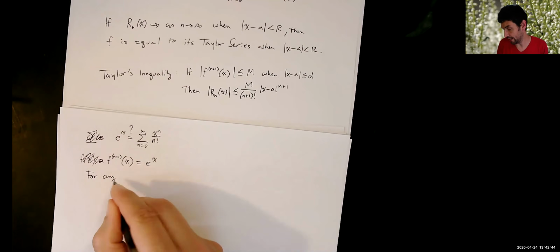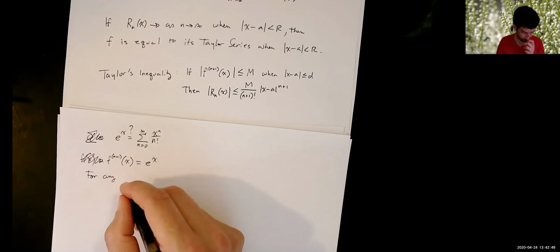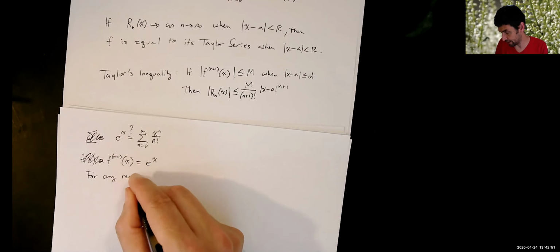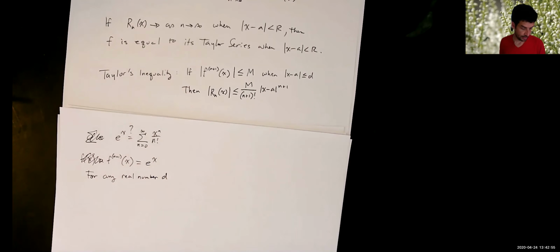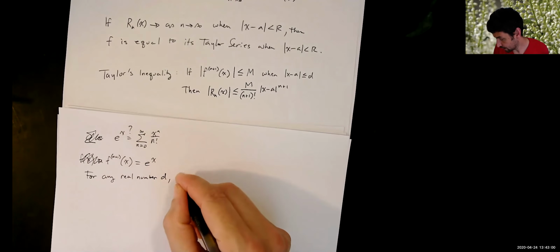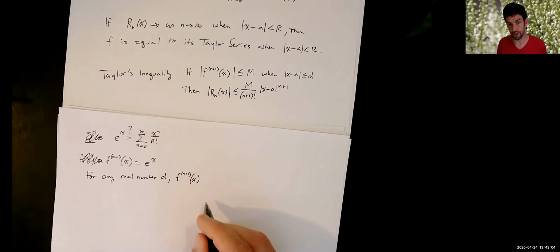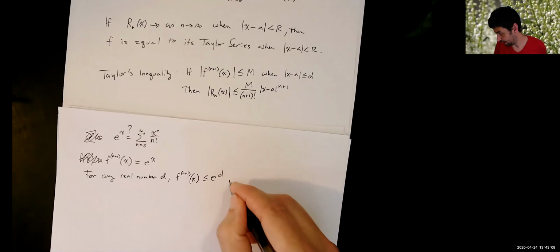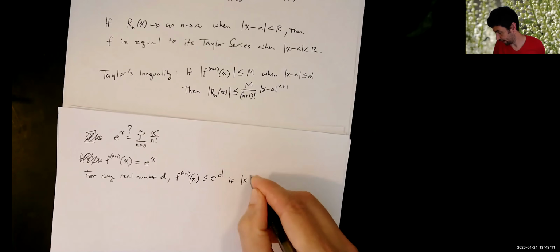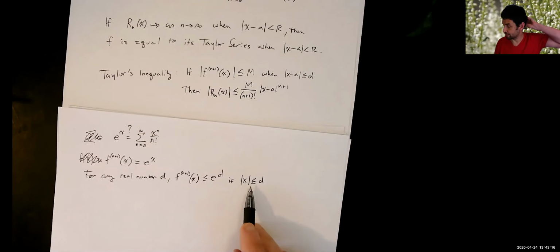For any value, for any real number d, we can say the nth derivative is less than or equal to e to the d if the absolute value of x is less than or equal to d, right?